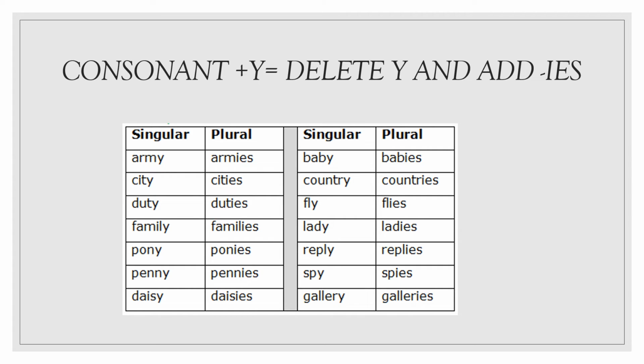Penny, pennies. Daisy, because it ends with the consonant S and Y, daisies. Okay, so these are some examples of nouns that end with a consonant and a Y, where we have to cross out the Y, delete the Y, and add an IES.